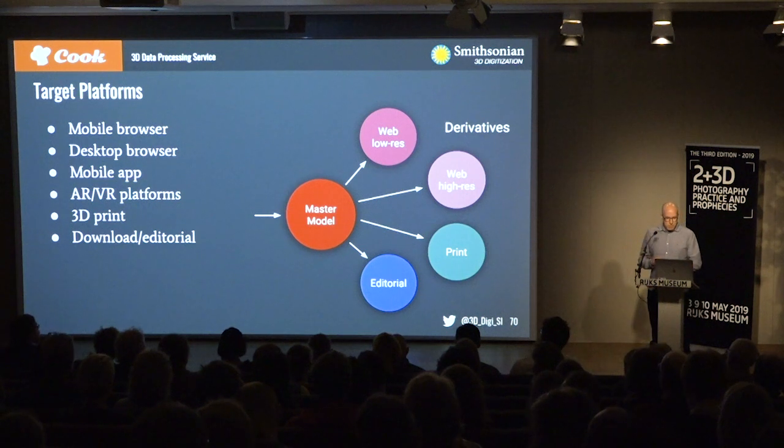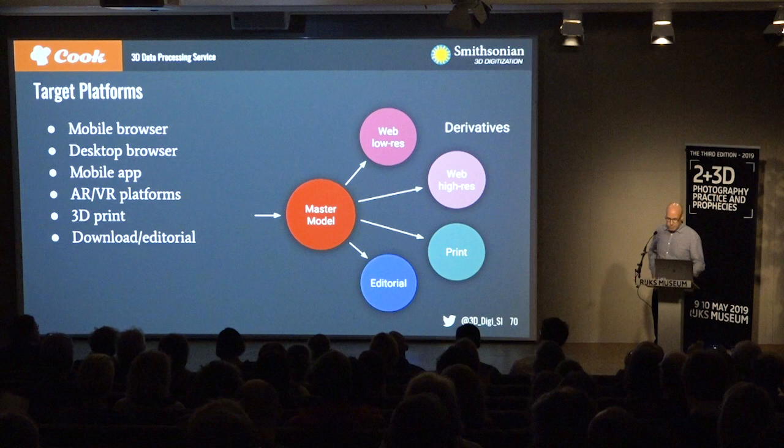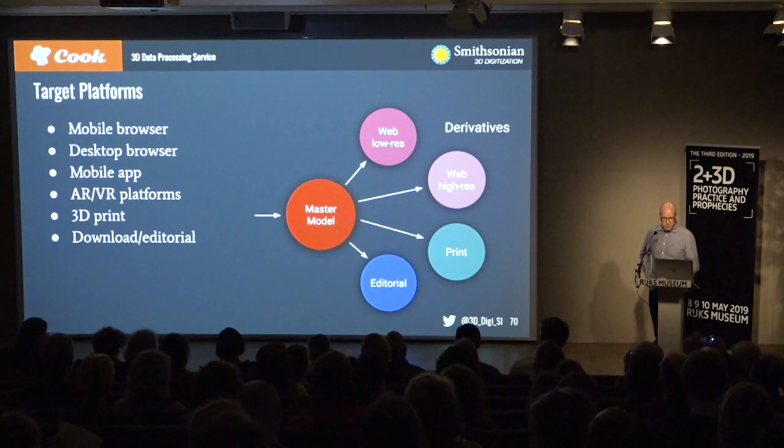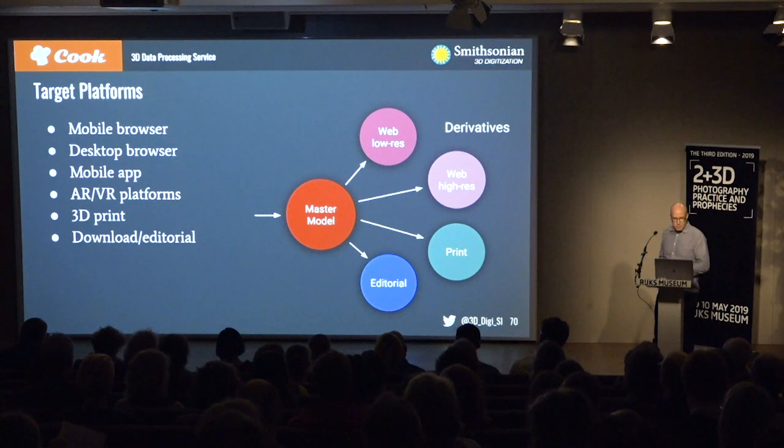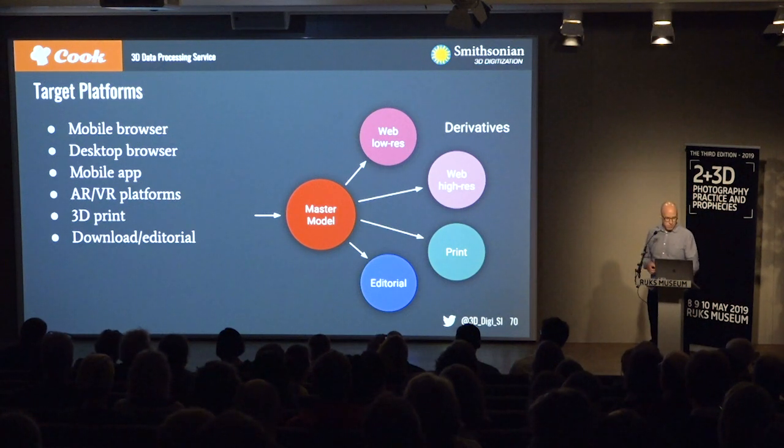So among the platforms we target are mobile and desktop browsers, platforms like AR and VR, and 3D printable. We want to provide downloads for 3D print, but also for editorial or for research purposes. So each of those platforms has different needs.